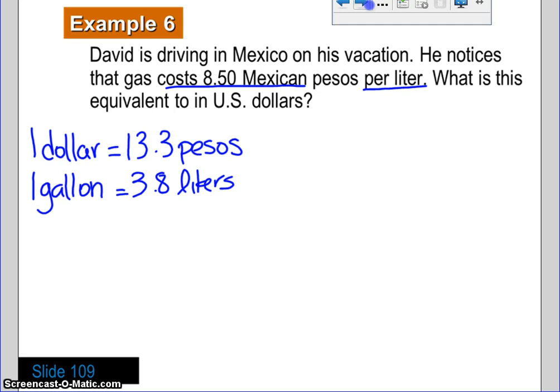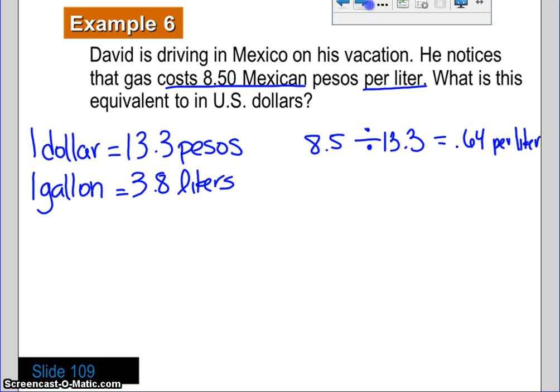So the first step is we need to take our 8.50 and divide it by the 13.3 pesos. Because one dollar is 13.3 pesos, we've got to get what the conversion rate is. So it's 64 cents per liter.